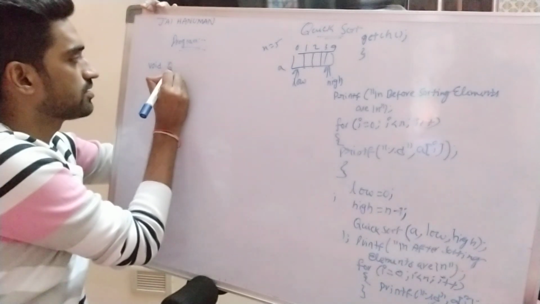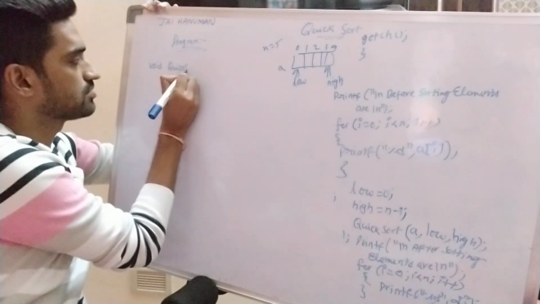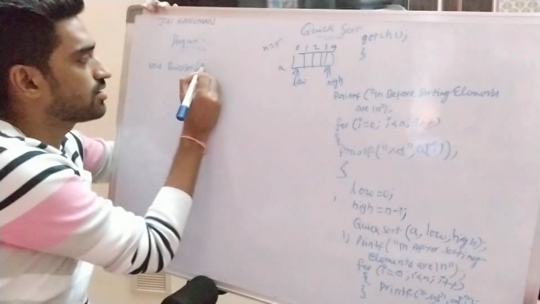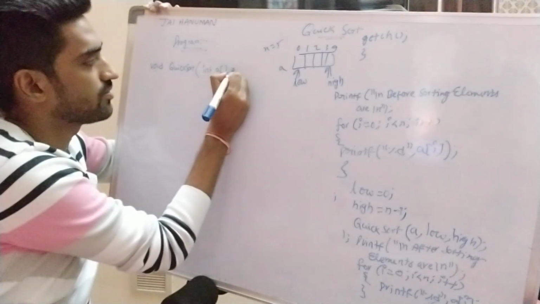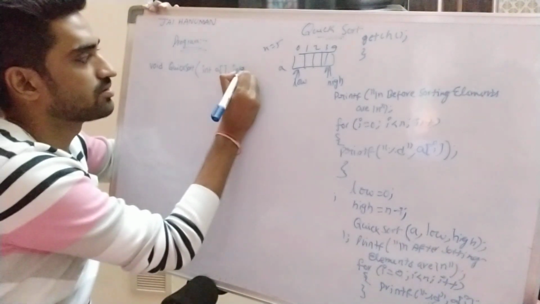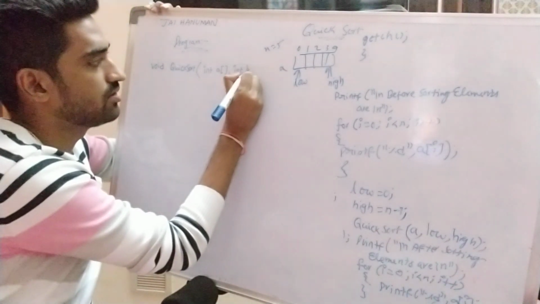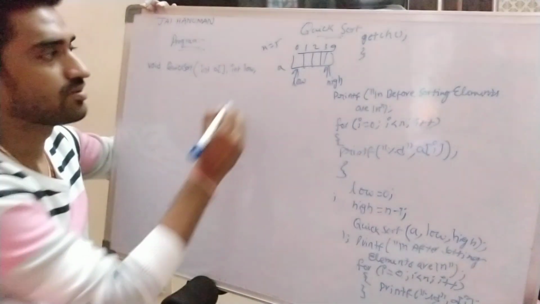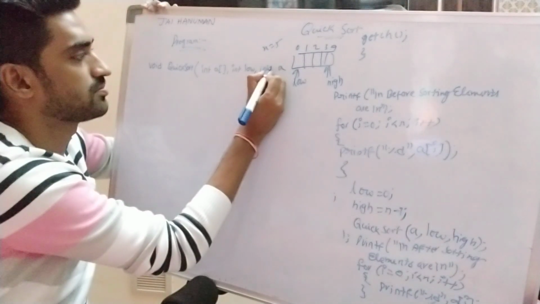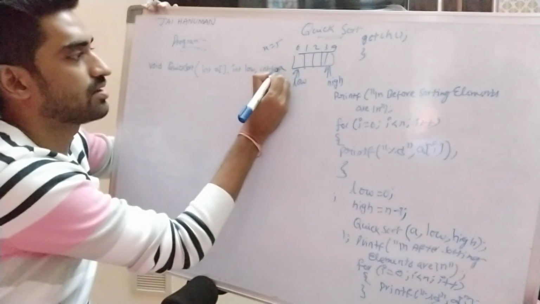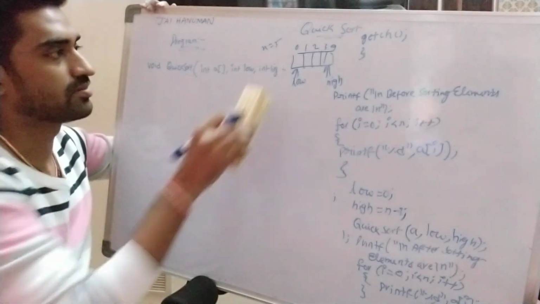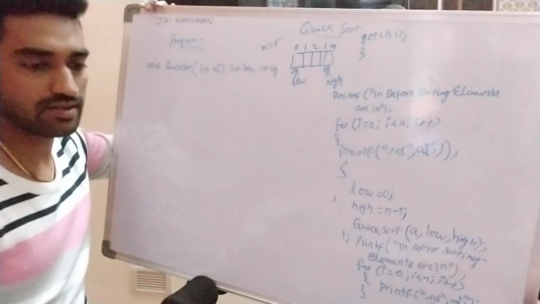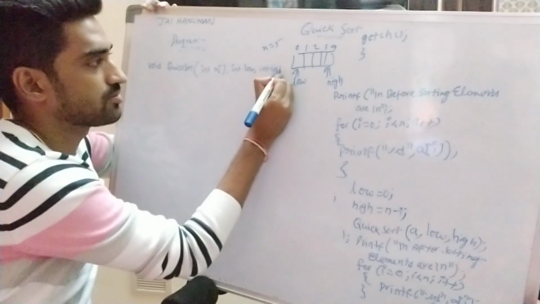void quicksort with 3 arguments. One is for the array, one is for low, and one is for high.